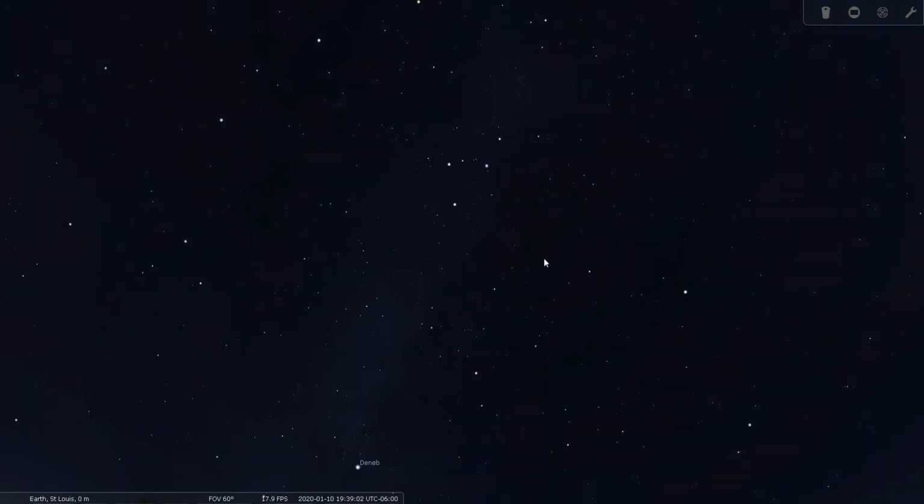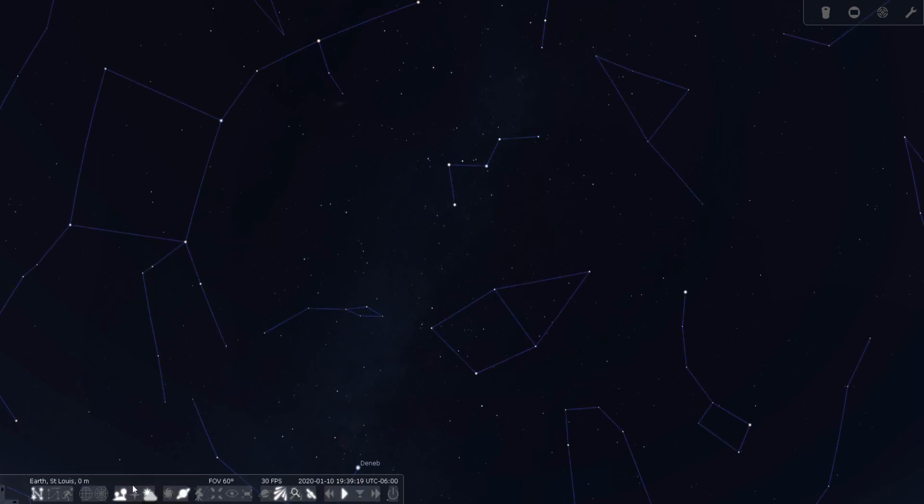Now Cassiopeia is one of those few constellations that's still pretty easy to find, even from a dark site when there's a lot of stars up in the sky. So you just look for this M or W shape, and it does tend to still stand out, even with a lot of fainter stars visible.